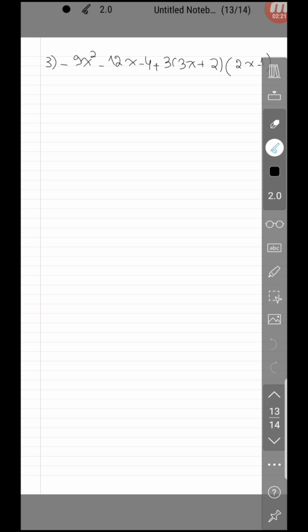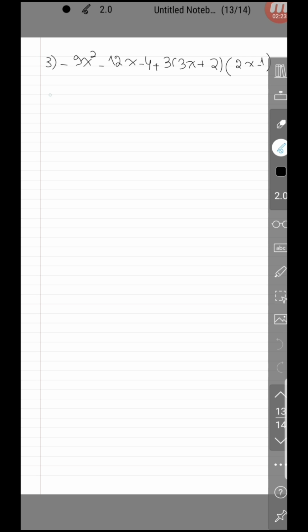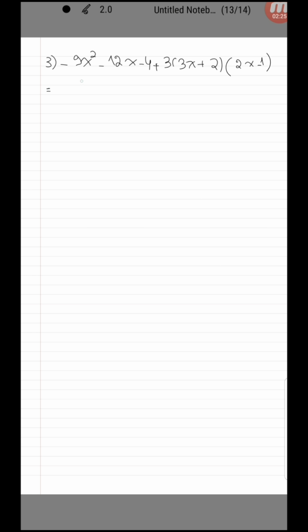For number 3, I need to factorize these three terms. But the first and the third term are negative, so I need to take minus as a common factor. Minus, and I open brackets and I change the signs of all my terms.